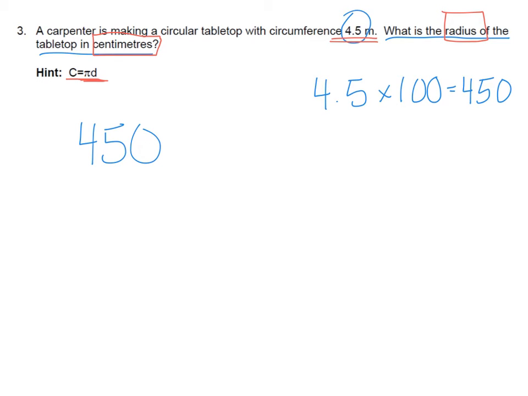I'm substituting in that number 450 for C equals pi d. In this I can see that pi is being multiplied by d, and if I want to isolate d, I must divide both sides by pi. So I'm going to divide both sides by pi.